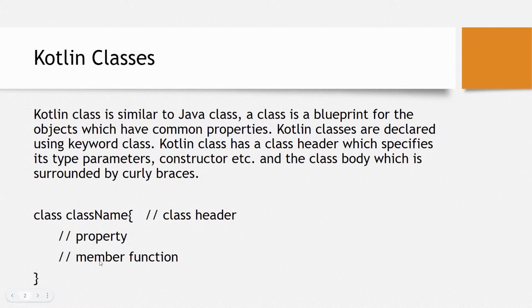Then there are properties and functions. A function is something that does something, as we know from reading about functions. There are some functions, and the properties are the variables of the classes. This is how we define the classes.